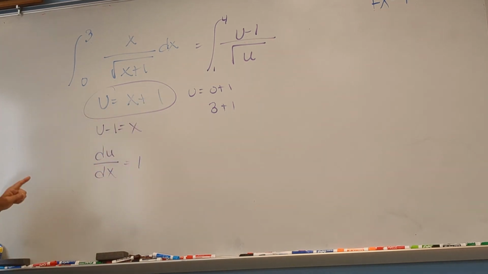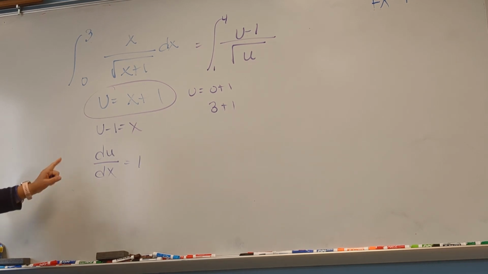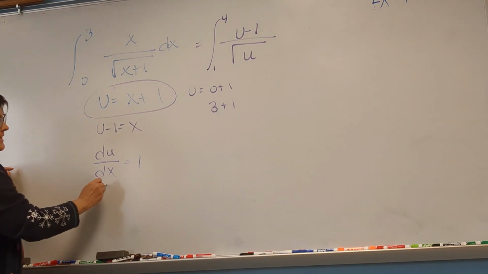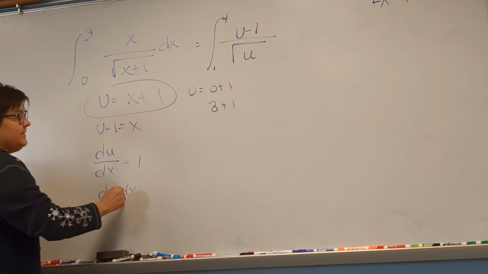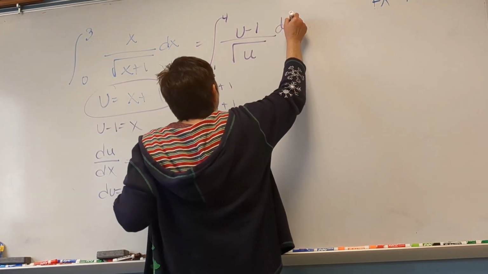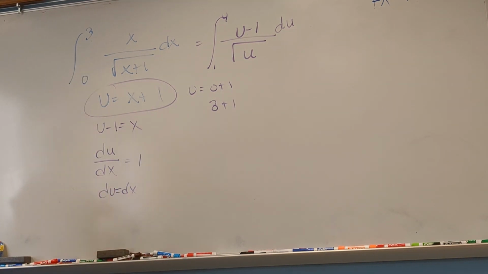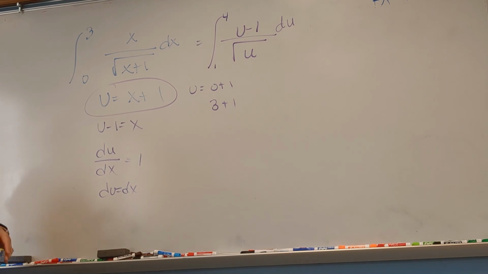So is it a possibility for me to solve for the dx? I would multiply both sides by dx and I'd get du is equal to dx. That's easy enough, so I'm going to bring it over here as du. Now my goal of having everything in terms of u is completely accomplished. Now I can do algebra, and then go ahead and integrate. But try to do as much algebra as possible first.